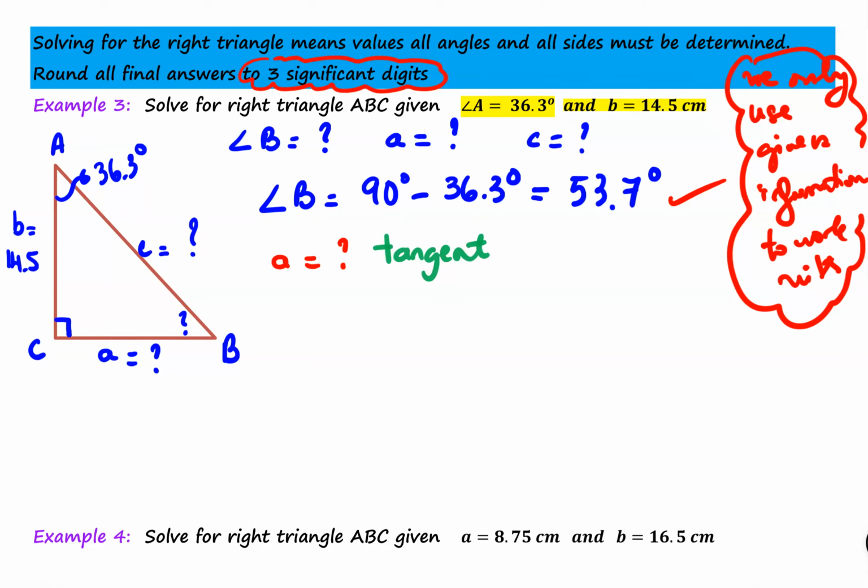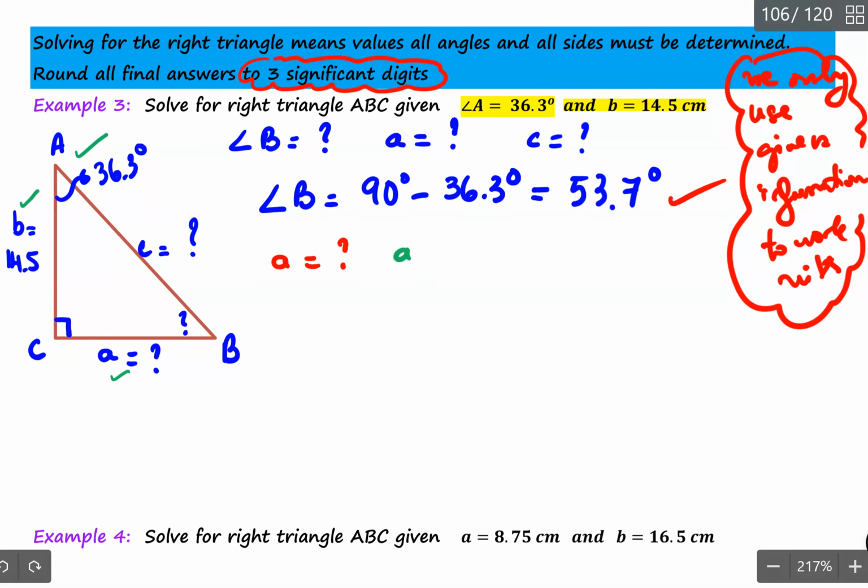Using tangent because here is my given information, which is angle A. Here's my given information, which is side B. So I have to solve for a. So you want to analyze. According to this angle A given to you, this a that you have to find is opposite to A, and b is adjacent to A, right? So tangent is opposite over the adjacent.